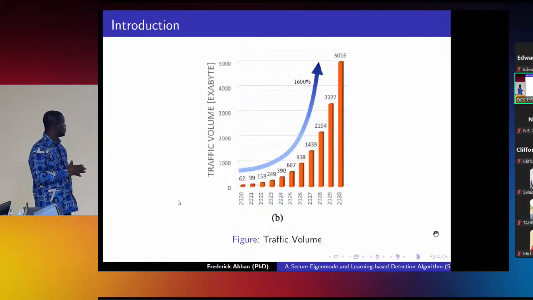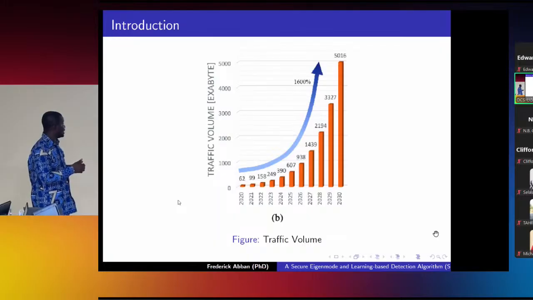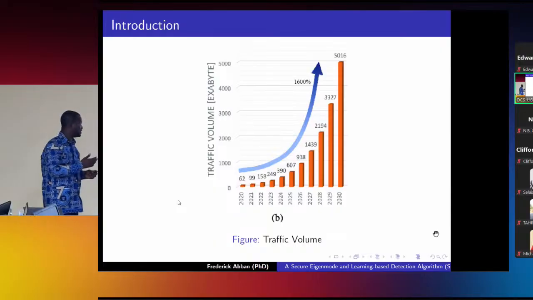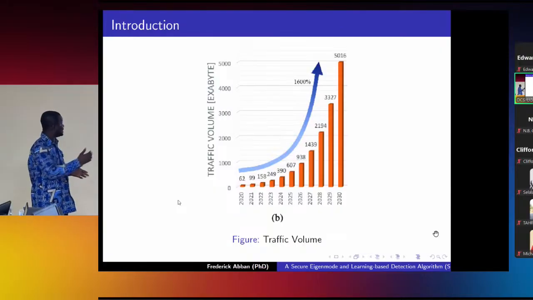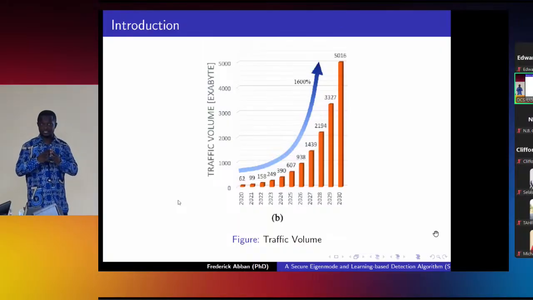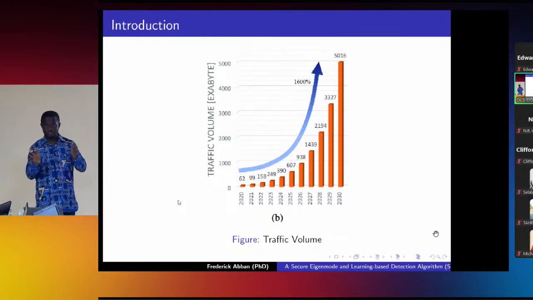Traffic-wise, between 2020 and 2025, we grew from around 62 exabytes to around 607 exabytes. But between 2025 and around 2030, we'll be increasing to over 5,000 exabytes, which is so much higher. But we are still practicing the same technology.